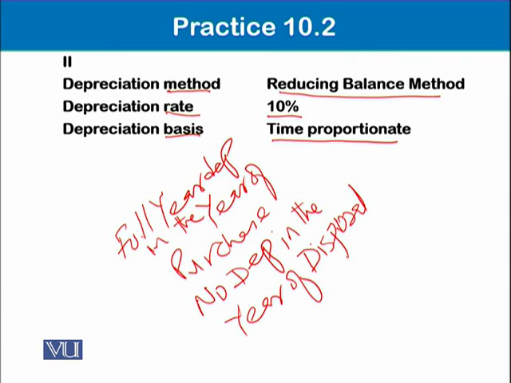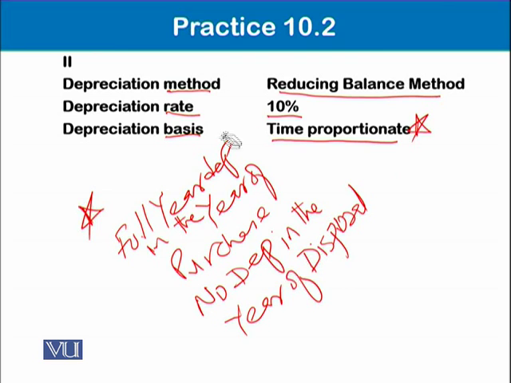This is the base. Either this would be the base or time proportionate would be the base. So there are two bases to calculate depreciation in case we are buying an asset during the year or we are disposing of an asset during the year.